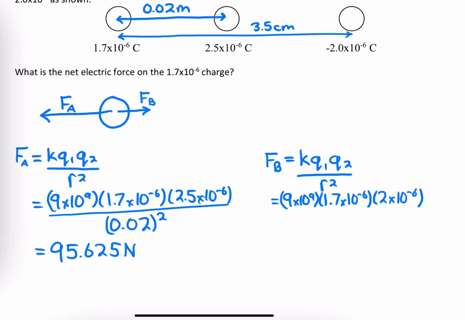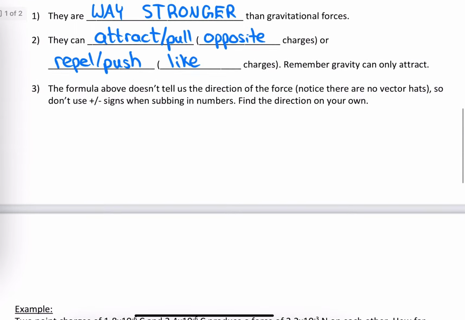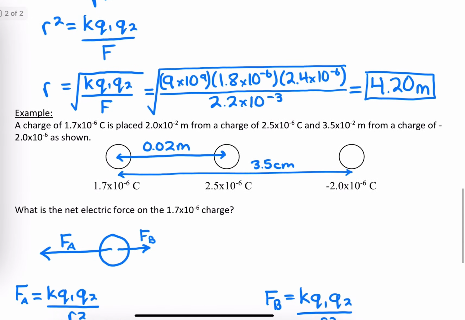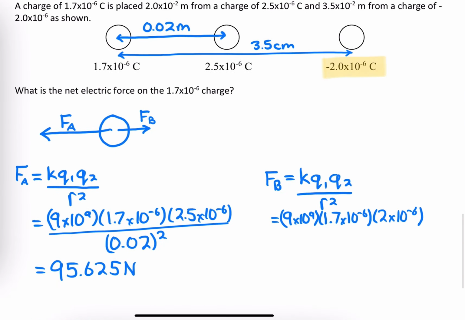Again, that comes from the note up here. Don't use plus and minus signs. The plus and minus signs do not affect the magnitude of the force at all. They only affect the direction. I used the fact that this guy was negative already when I figured out that it was going to pull on this force, and that was conveyed in my free body diagram down here.